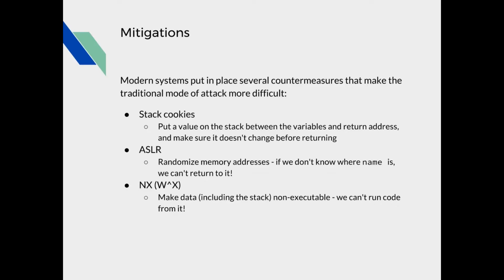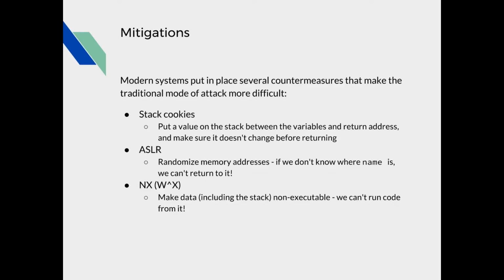There's also ASLR, which is address space layout randomization. The idea with that is, with your code, traditionally everything is loaded to a specific place in memory, so you know exactly where everything is. You'll know where that name variable is when the program runs. But with ASLR, when you load the program into memory, you randomize where the addresses are.